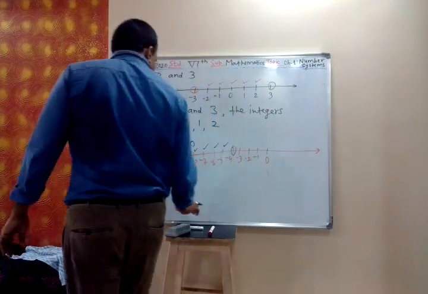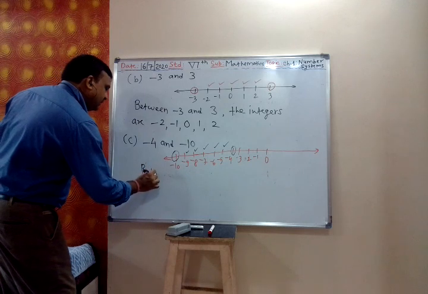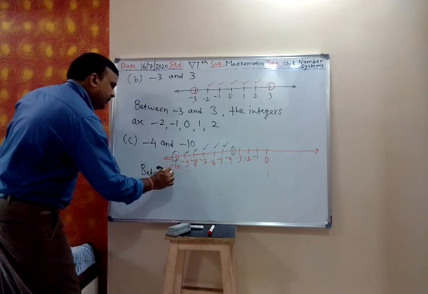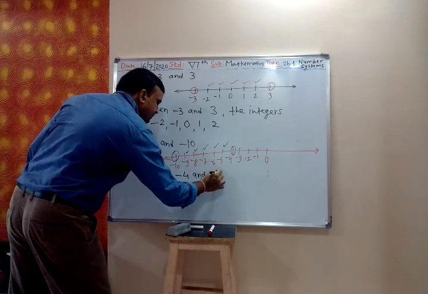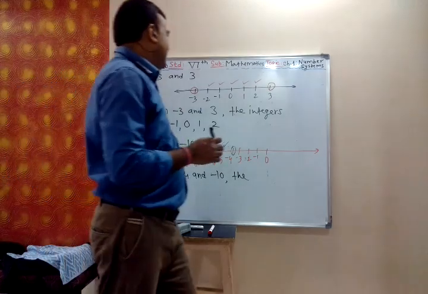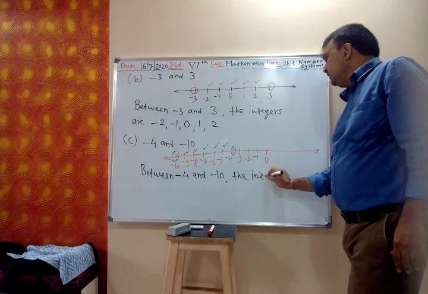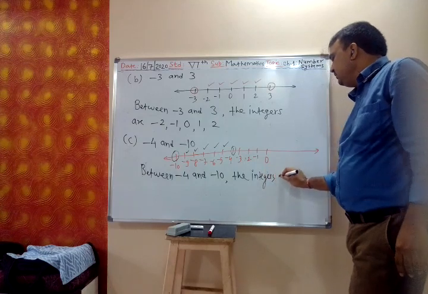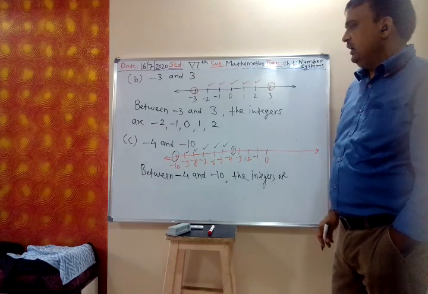So write between minus 4 and minus 10, the integers are... Which part don't you understand? Wait, see all.